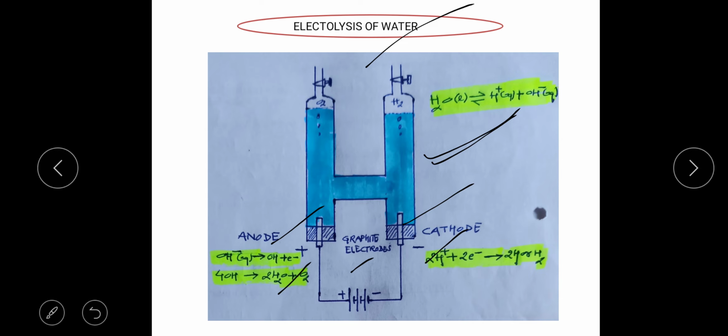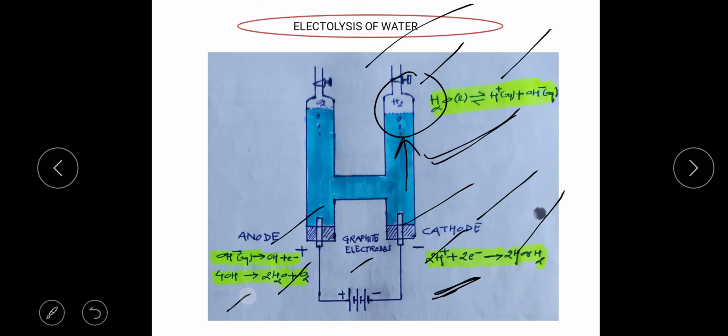Now, at the cathode, what will happen? H+ ions from water will gain electrons and change to H2 gas. So it will bubble up and get collected here. Similarly, at the anode, what will happen? Oxidation. OH- ions from water will lose electrons to become water and oxygen.